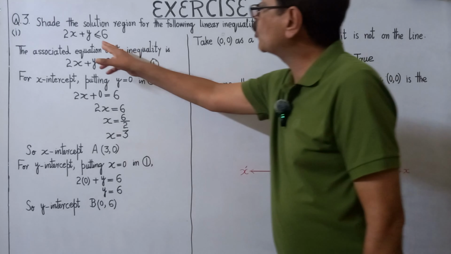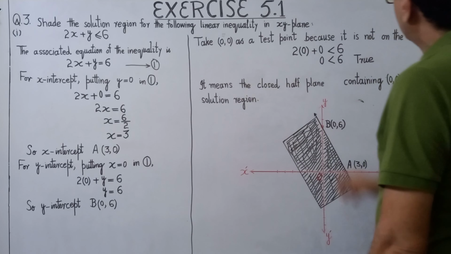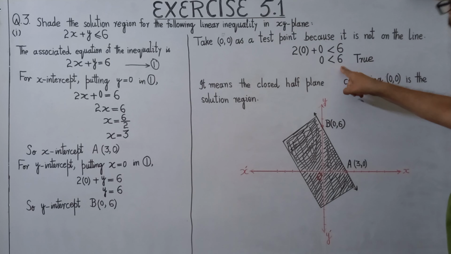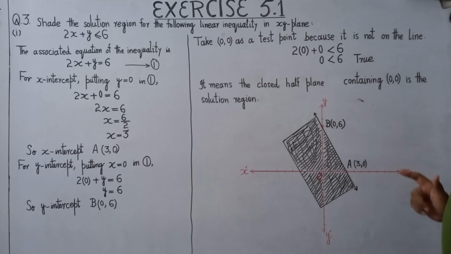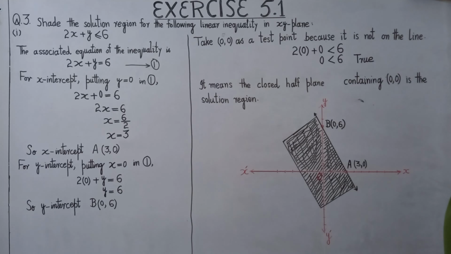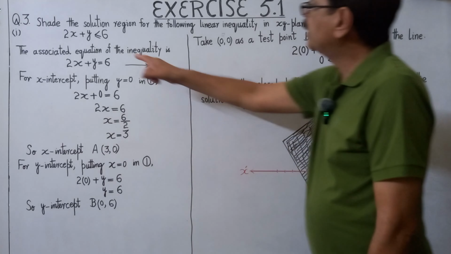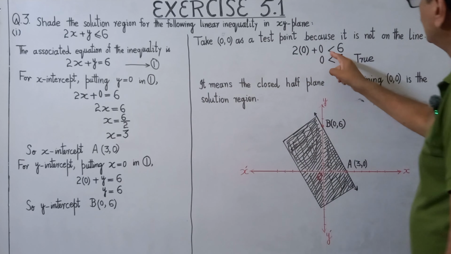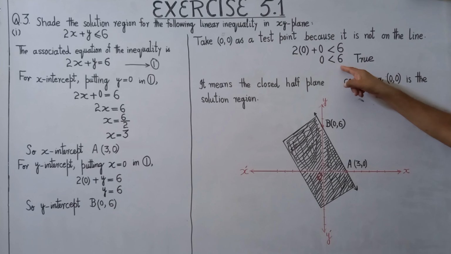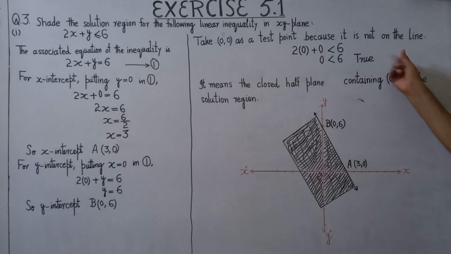Here it is less than or equal to, but here it is only less than, because 0 is less than 6 and can never be equal to 6. So 0 is less than 6 is true.